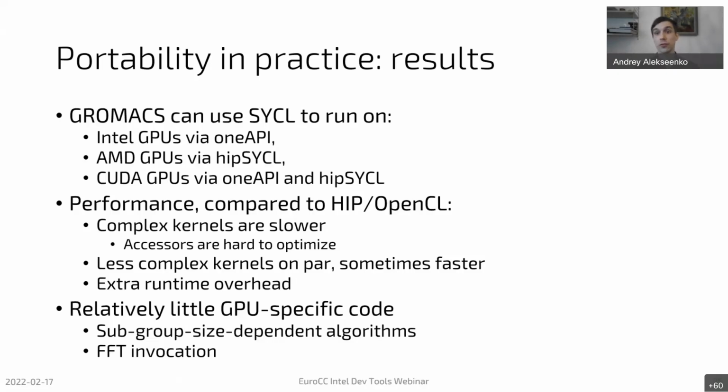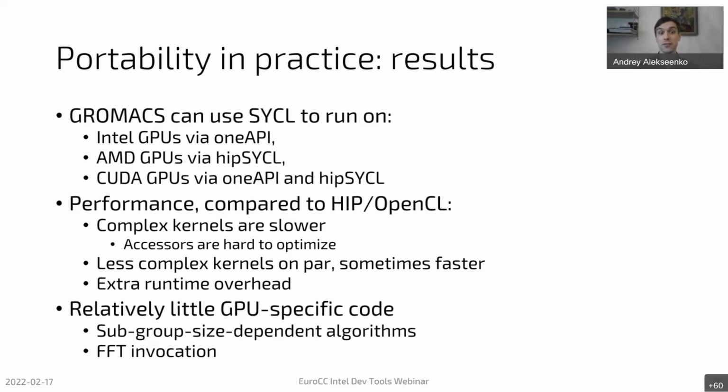And HipSYCL was also the main victim of accessors, because in oneAPI the compiler was able to mostly optimize away all the accessor-related overhead, while in HipSYCL we had huge register spills until we switched to USM.